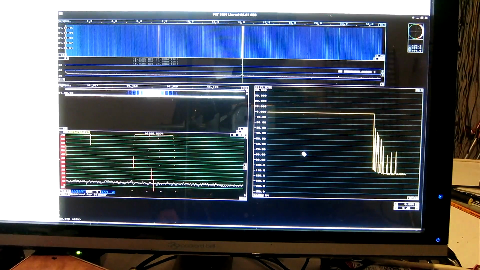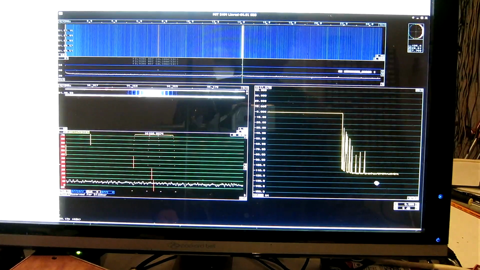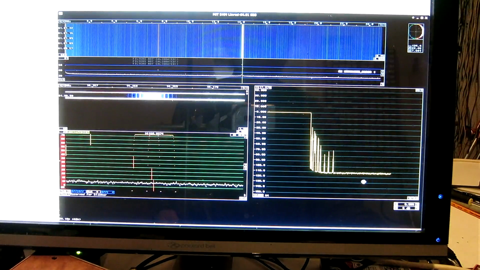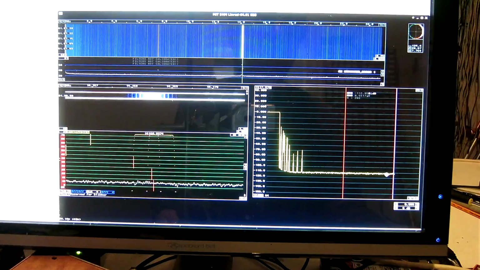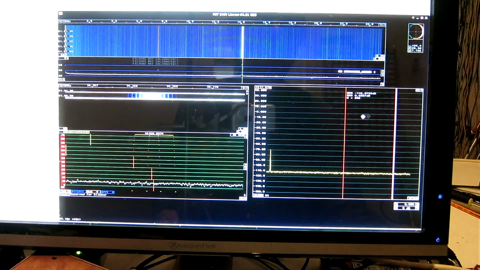Here. This is 112 and plus 30 dB for the bandwidth means 142.1.